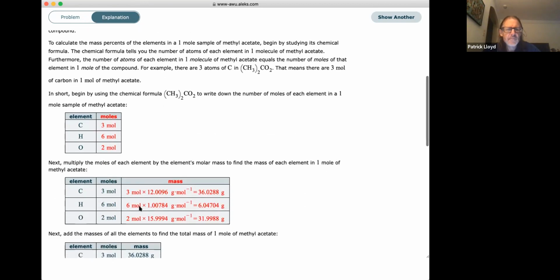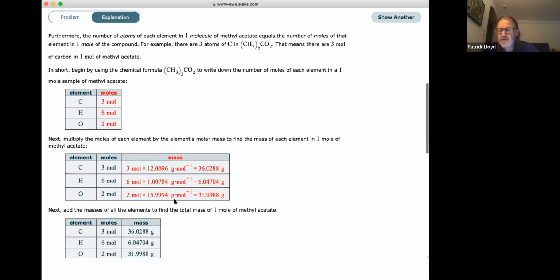Here's a difference: they're already doing grams per mole. Most textbooks will do these in atomic mass units, AMU. Grams per mole comes up in section 3.4, but ALEKS, for whatever reason, has already integrated it into grams per mole. The units of grams per mole versus AMU is an issue, a serious issue, but you will get the same percent answer whichever units you use. So you'll see grams per mole and moles there.